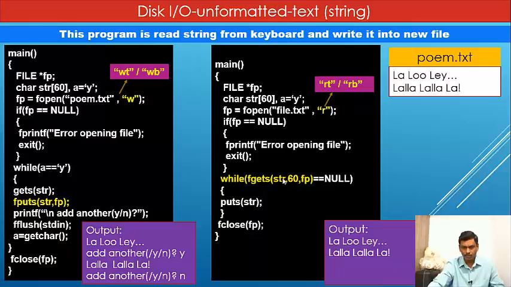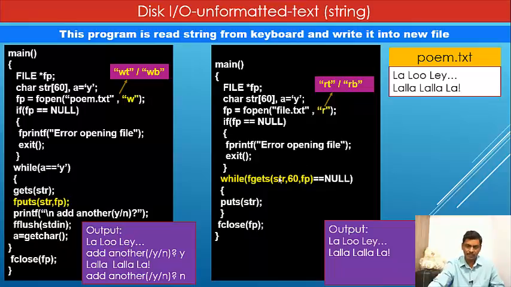So fgets str comma 60 comma fp reads a string from fp and stores it into str. It reads a string from the file poem.txt. This is a typing error, poem.txt.